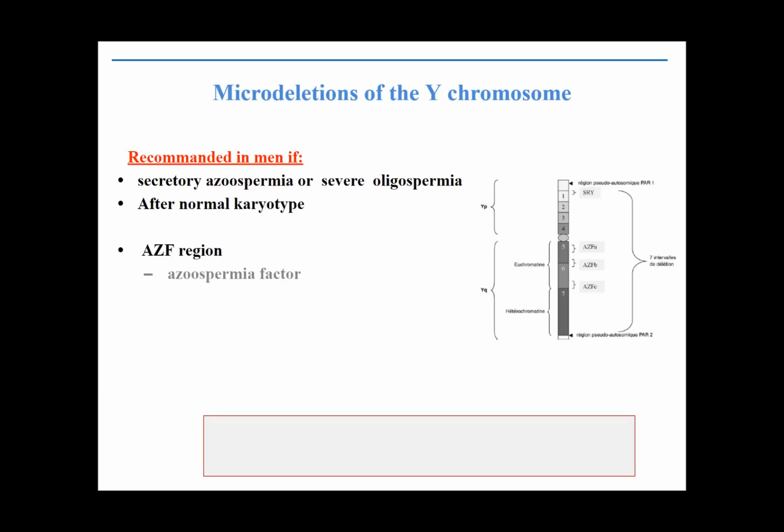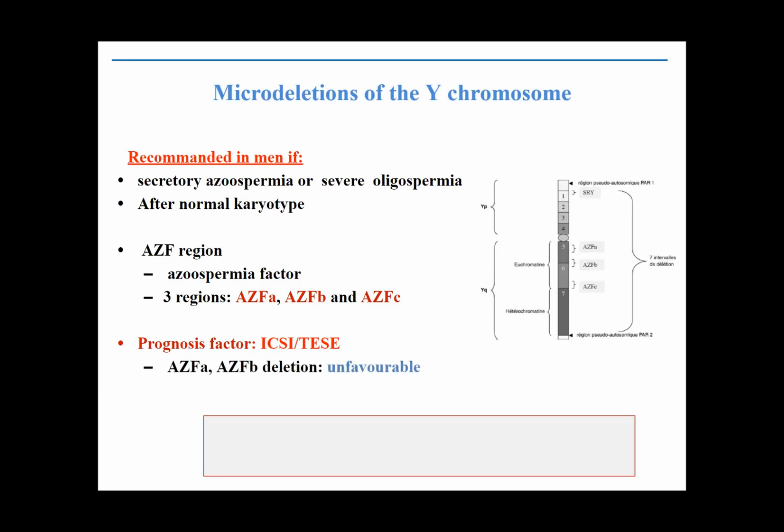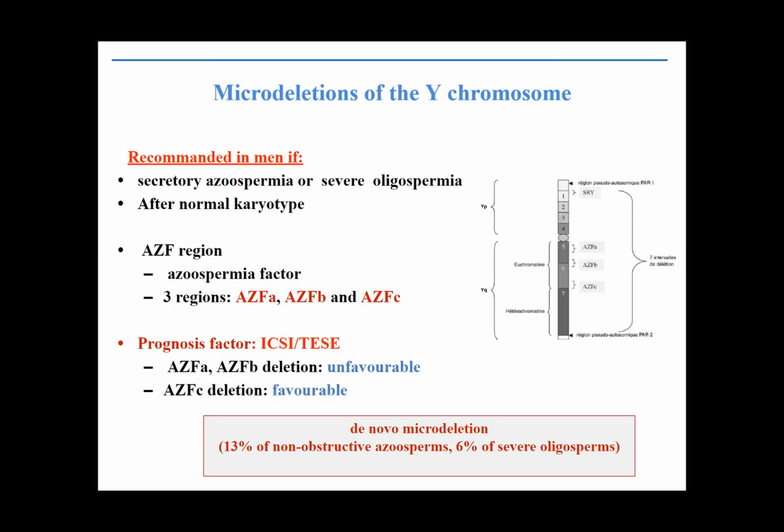There are 3 AZF regions, azoospermia factor: A, B, and C, and the prognosis factor is for ICSI and micro-TESE. Regions A and B are unfavorable, and AZFc deletion is favorable. De novo microdeletion is found in 30% of non-obstructive azoospermia and 6% of severe oligospermia.